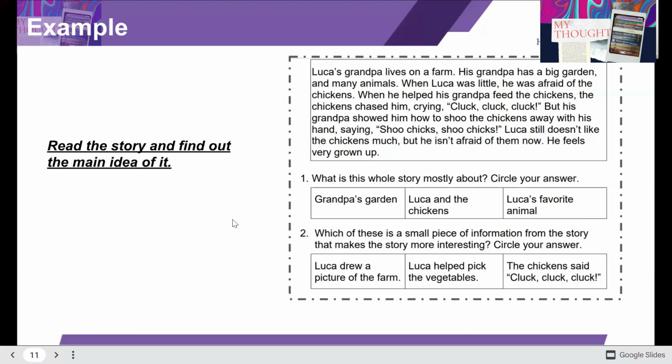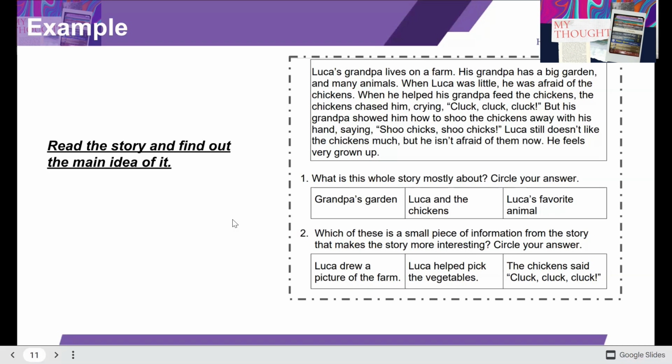I agree with you. Even though they have explained about grandpa's farm, they still stressed Luca and the chicks and his fear of the chickens. So the story is mostly about Luca and chickens.